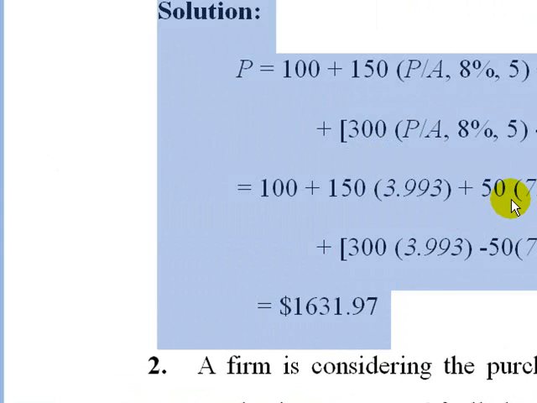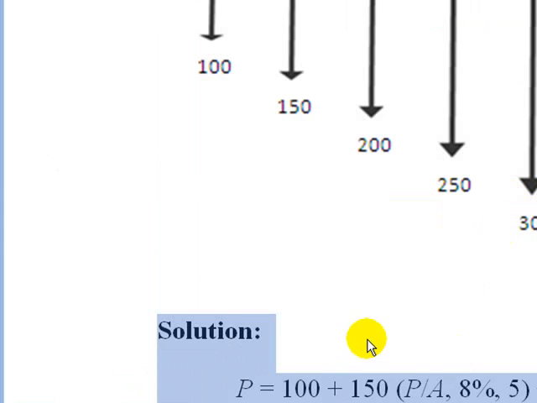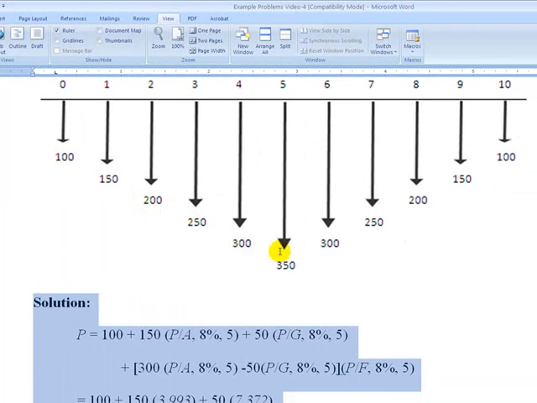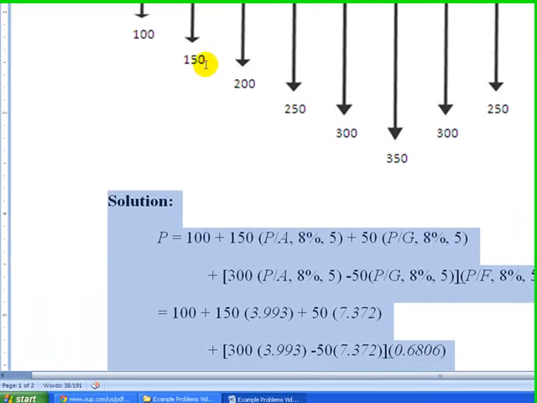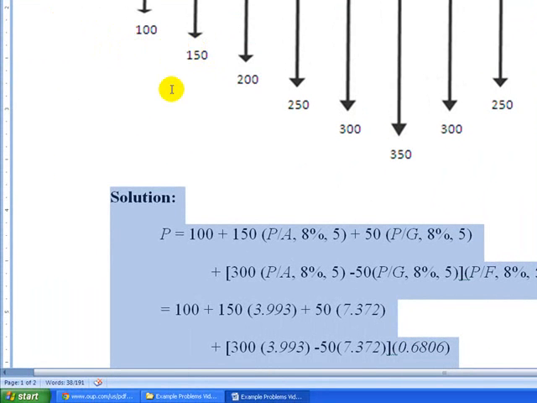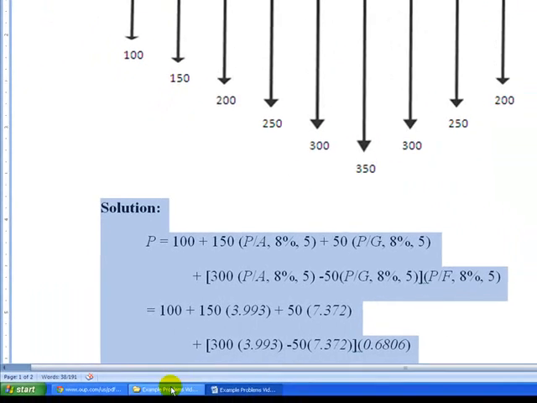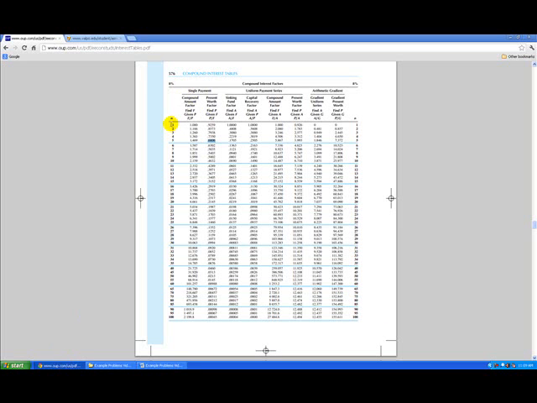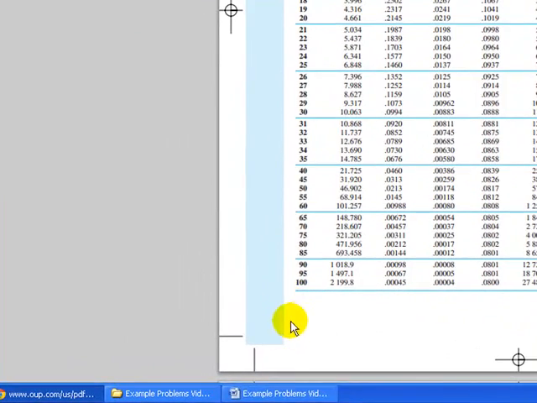If this is too difficult for you, as I suggested, the alternative approach is to consider each of them as an F value and then bring it back to its present value. But in that case you will have to look at, for example at 8%, F given P for 1 year, 2 year, 3 year, and so forth.